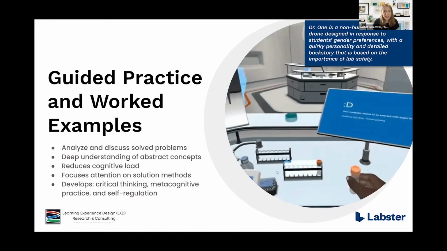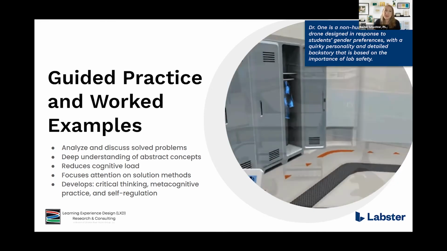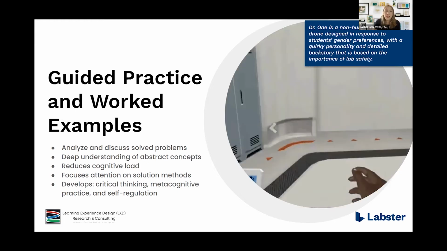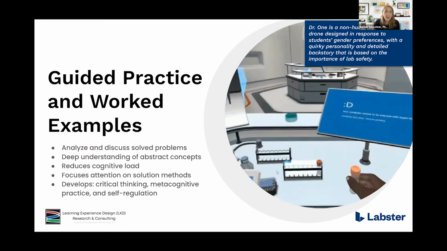Because as we know, there are so many different ways to solve problems, and maybe not all problems have one solution, or not many different ways to get there, right? So having these worked examples is a really important part of how to support individual variability.